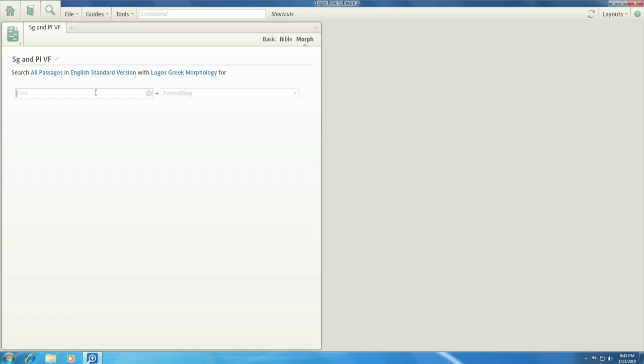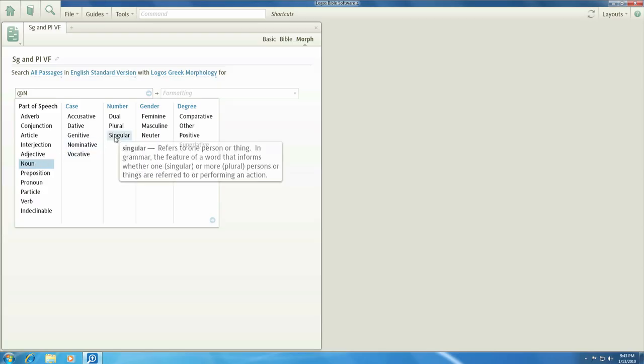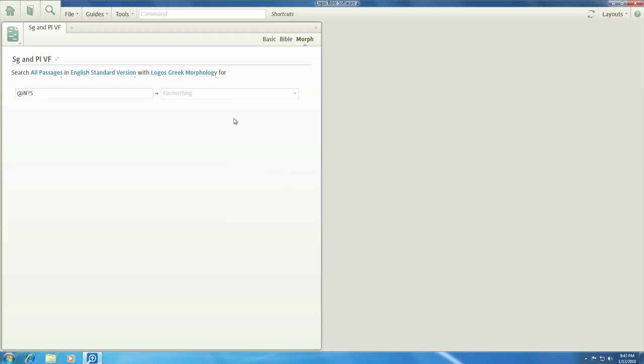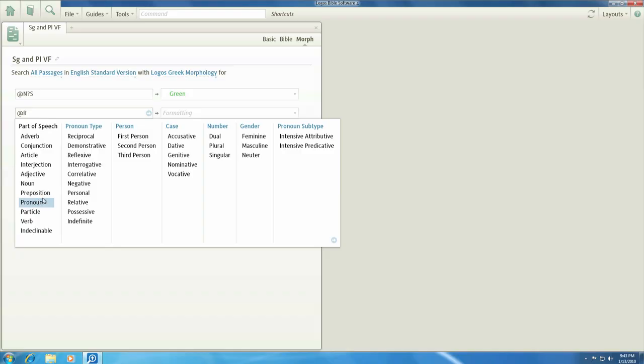And now what we want to do is type in an @ symbol, and we want to find nouns that are singular in number, and let's choose the color green for the letters, and let's get pronouns in there as well that are singular in number.